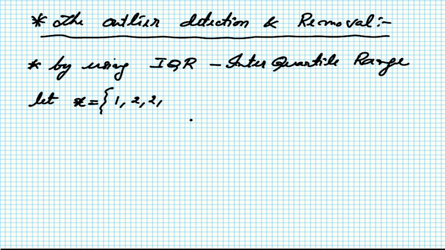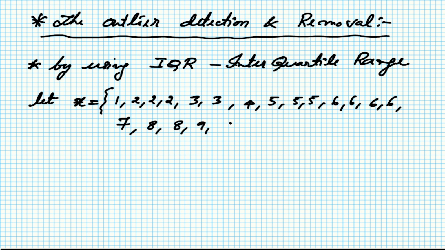So 3 times 2, then we have 3, 3, 4, then let's say 5, 5, 5, 6, 6, 6, 6. I'll write it below: 7, 8, 8, 9. Maybe all of a sudden I'll write it 27.